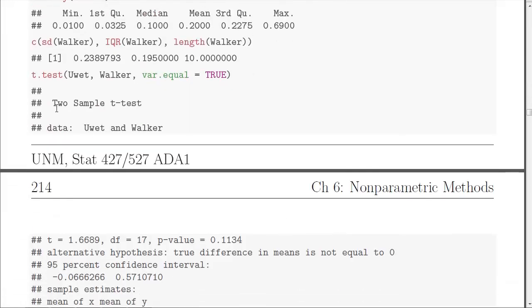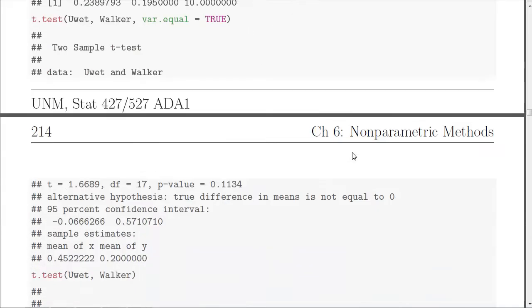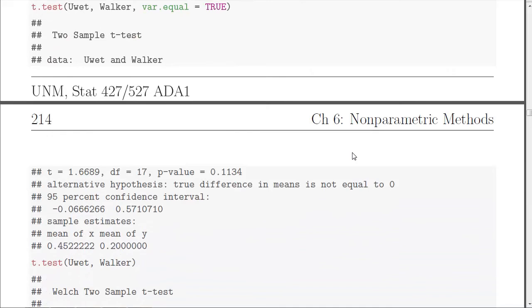So here is the two-sample t-test, and we're just putting in the two individual vectors, and we're assuming that the variances are equal, given that the standard deviations are not that far from each other. It'd be fine to say that we have unequal variances as well. In fact, that's what's done below.